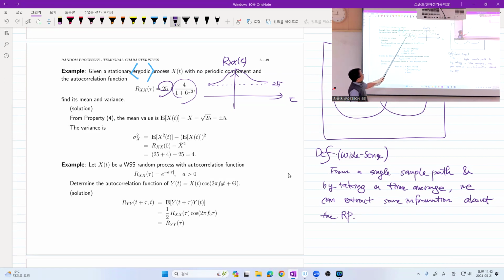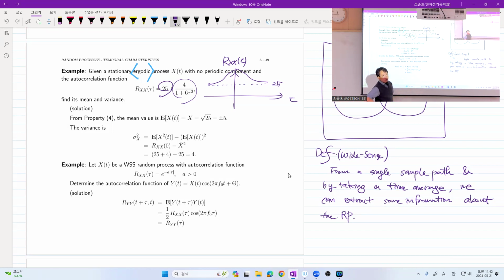So what do you have? Here, you have something like a Cauchy PDF. And we already know that if tau is very large, if there is no periodic component, what is this value 25?